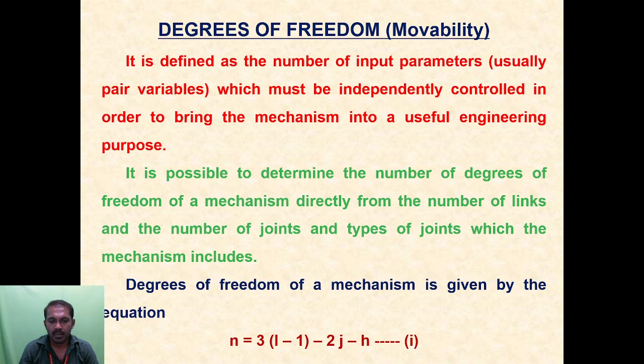The formula for degree of freedom is n = 3(L - 1) - 2j - h. Here n is the degree of freedom, L is the number of links, j is the number of joints, and h is the number of higher pairs.